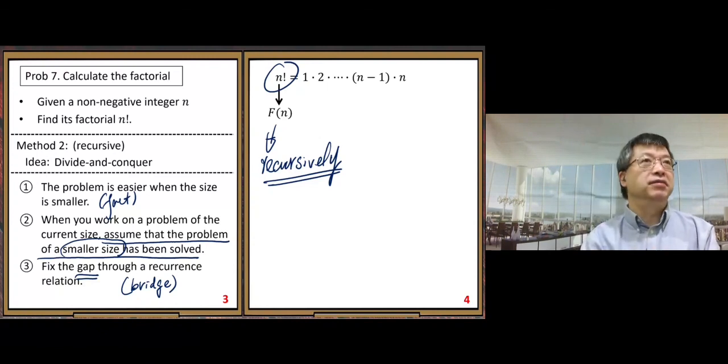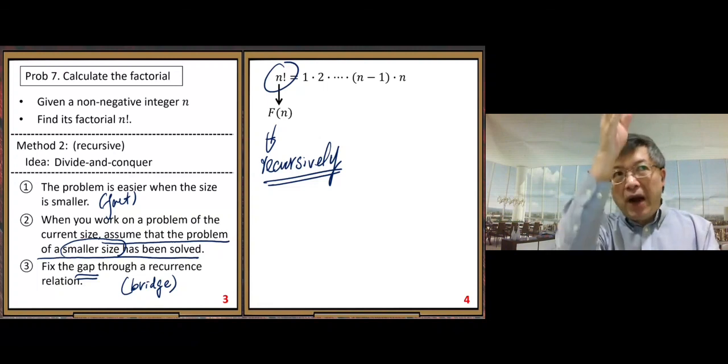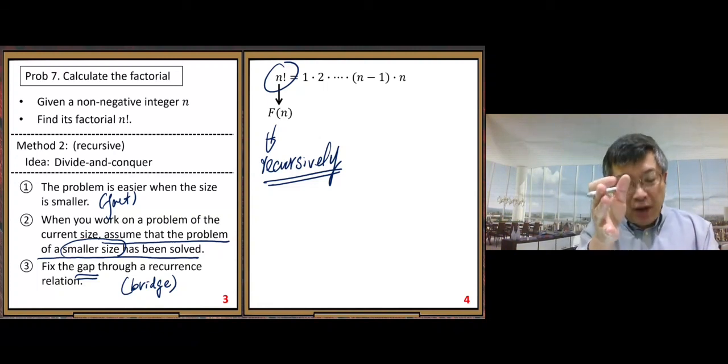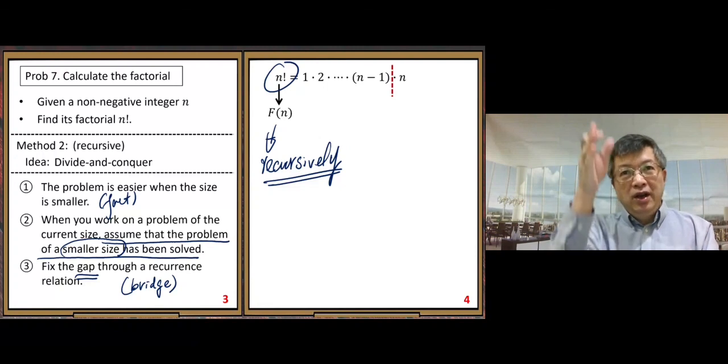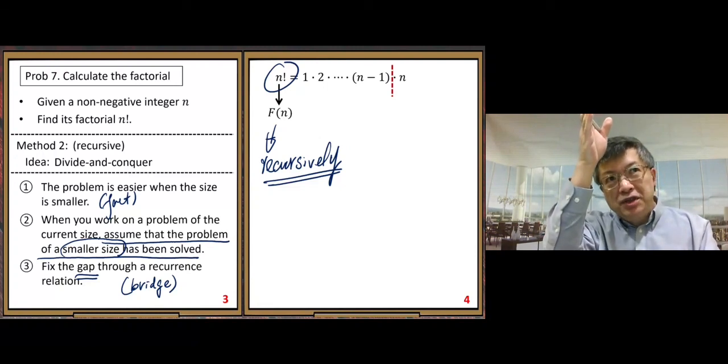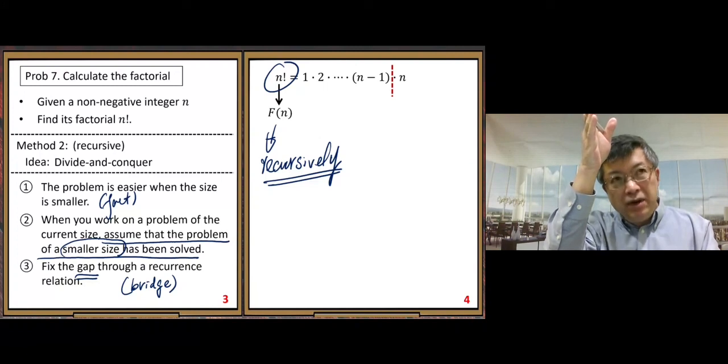divide and conquer. So how do we divide? We divide the problem, cut the problem size somewhere to get a problem of smaller size. Here, we chop the last number out.